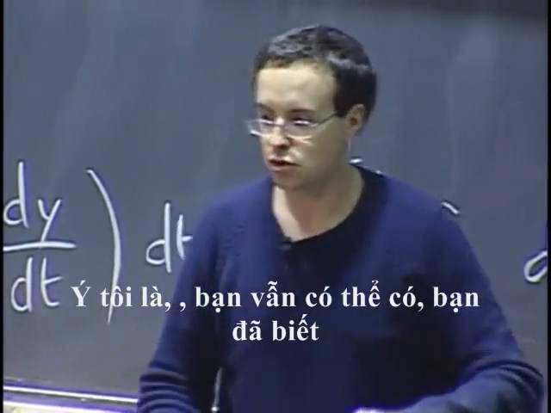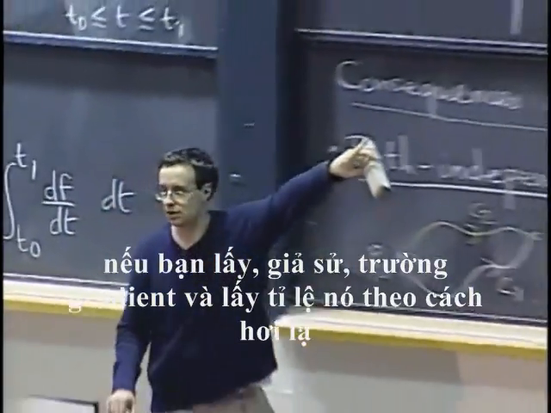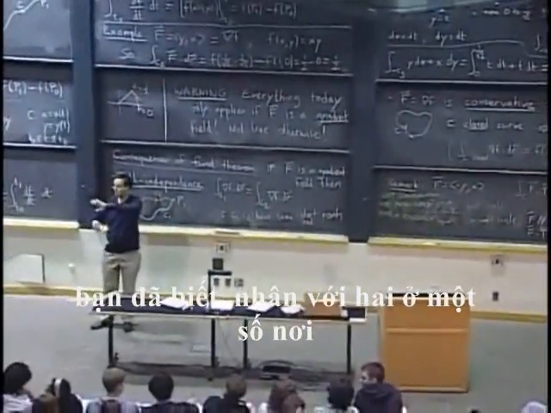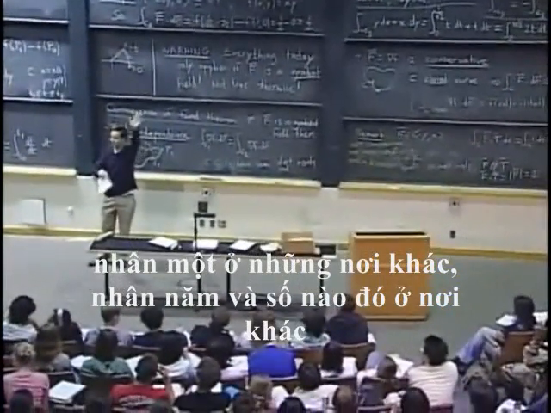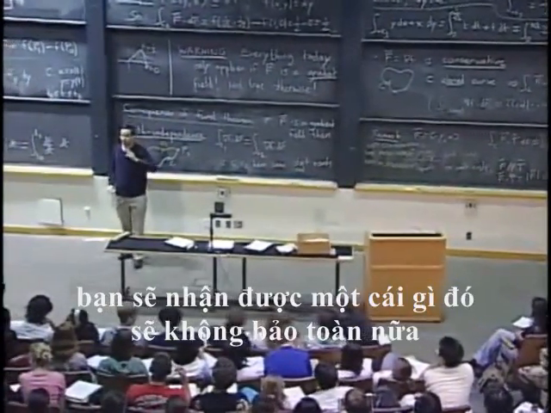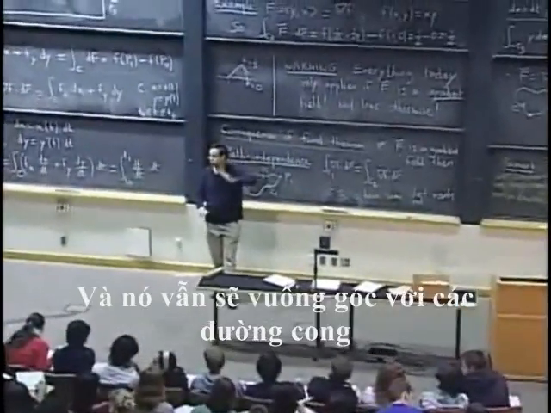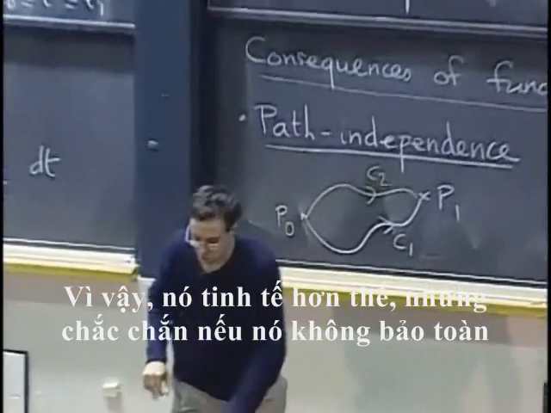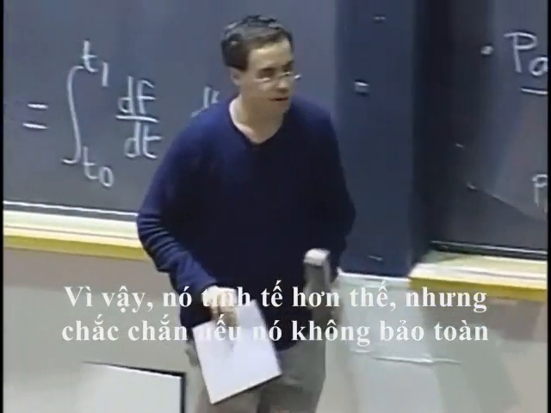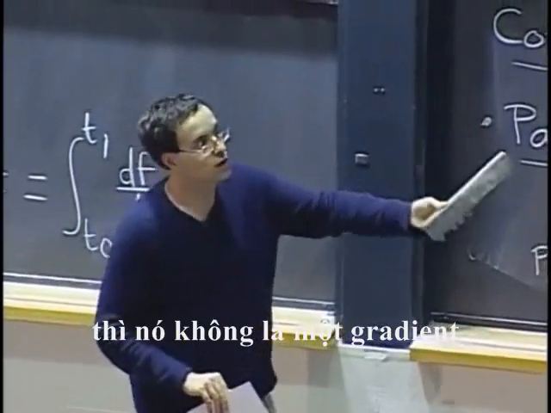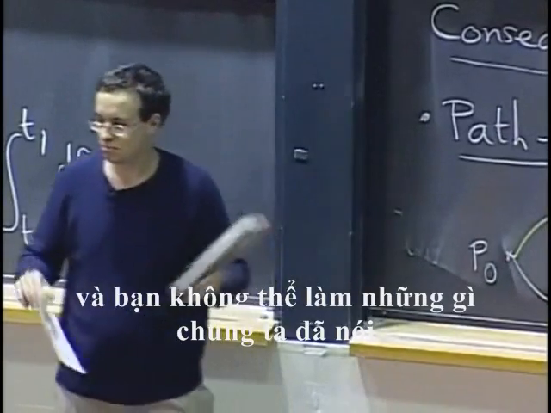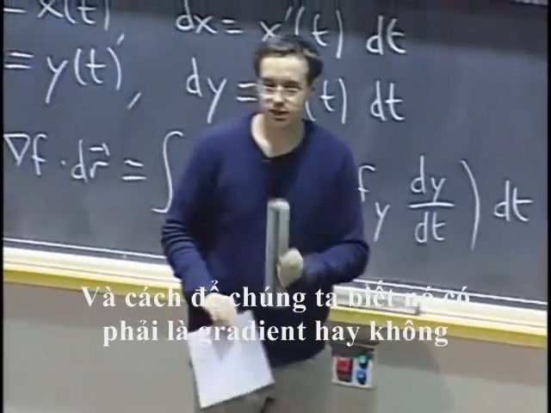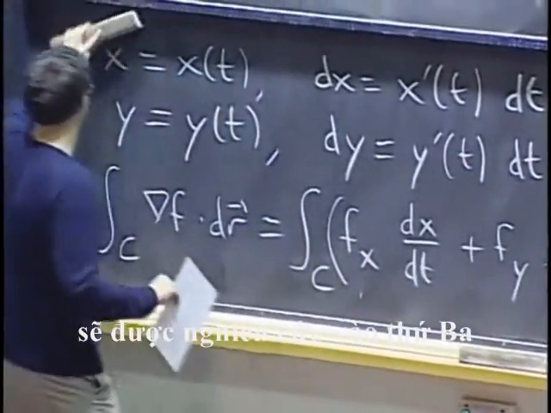I mean, if you take this gradient field and scale it in strange ways, multiply it by 2 in some places, by 1 in other places, by 5 in some other places, you will get something that won't be conservative anymore. And it will still be perpendicular to the curves. So it's more subtle than that. But certainly, if it's not conservative, then it's not a gradient, and you cannot do what we said. And how to decide whether it is or not, that will be Tuesday's topic.